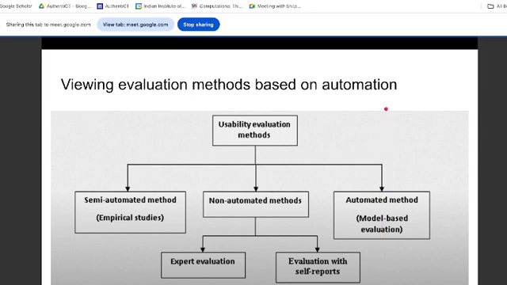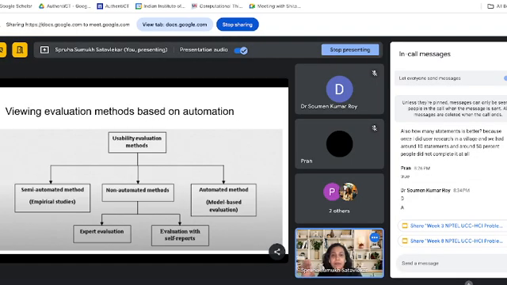Now we have covered all of these different methods of usability evaluation. I'm just going to tell you their classification in terms of automation. When we do usability evaluation and go for semi-automated methods, what we try to do is take user feedback from actual users, human participants in empirical studies.